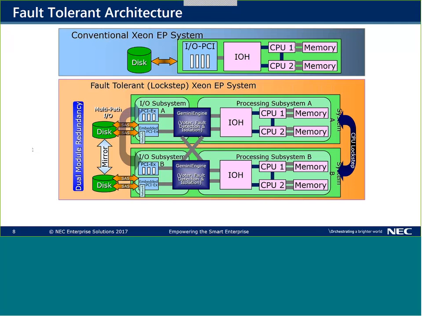In fact, what happens is both servers are running the same software at the same time. They're executing the same exact instruction on the same clock cycle together for every single instruction happening throughout the system. The output and the input for those activities are all latched in through the Gemini engine. So the Gemini engine gets to decide which server is the active, healthy server.